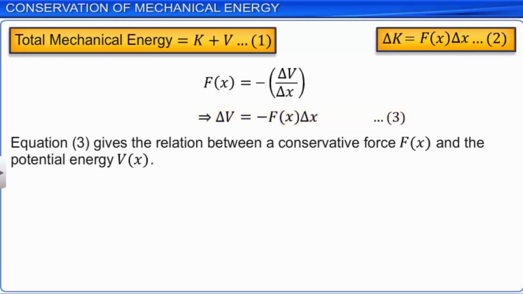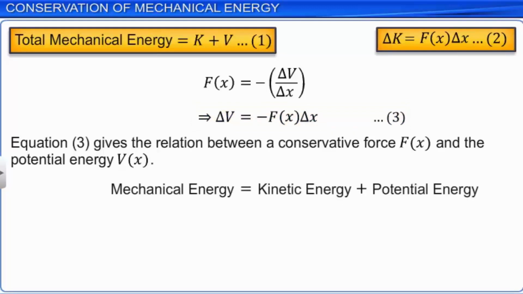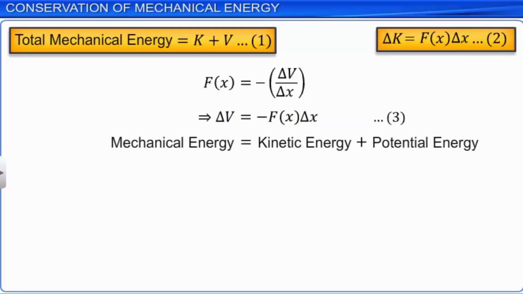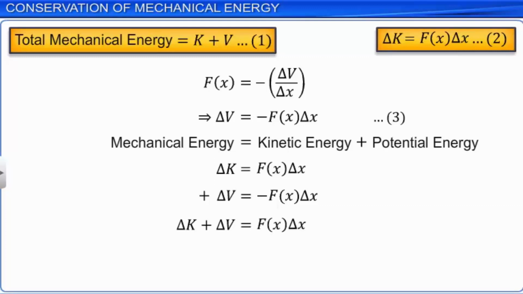We know that mechanical energy is the sum of kinetic energy and potential energy of a system. So, by adding equation 2, delta K = F(x) delta x, and equation 3, delta V = -F(x) delta x, we get delta K plus delta V is equal to F(x) delta x minus F(x) delta x.